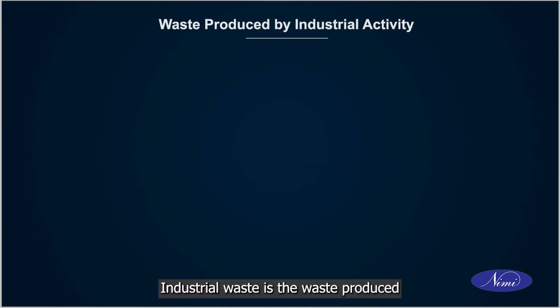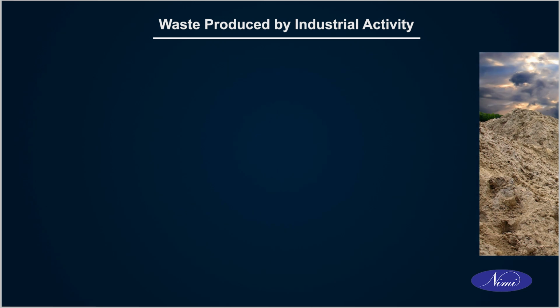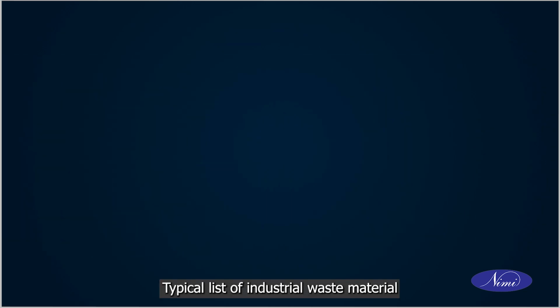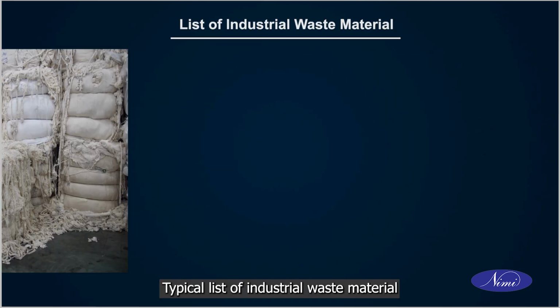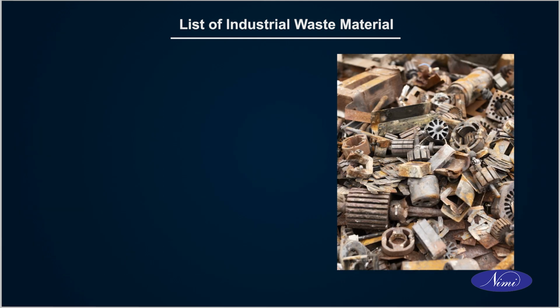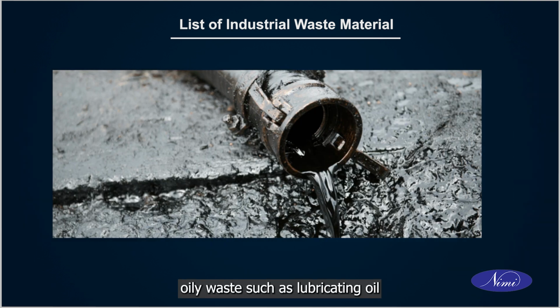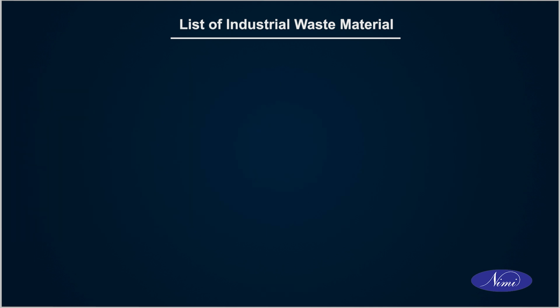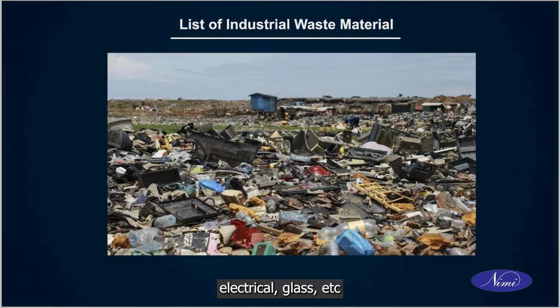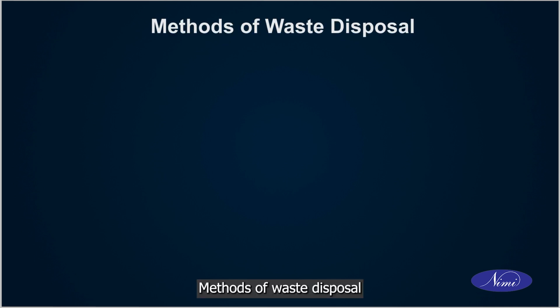Industrial waste is the waste produced by industrial activity such as mills, mines, and factories. Typical list of industrial waste material: cotton waste, metal chips of different material, oily waste such as lubricating oil, coolant, etc., other waste such as electrical, glass, etc. Methods of waste disposal.